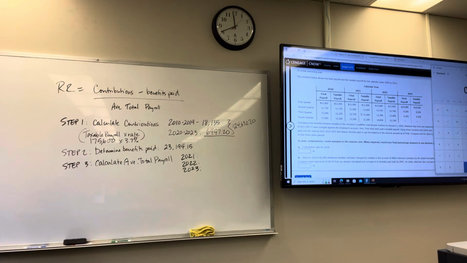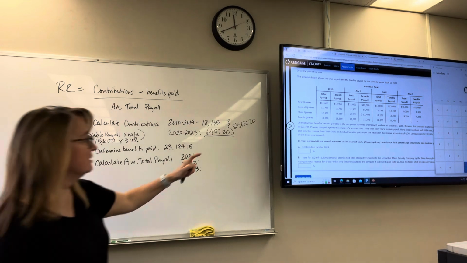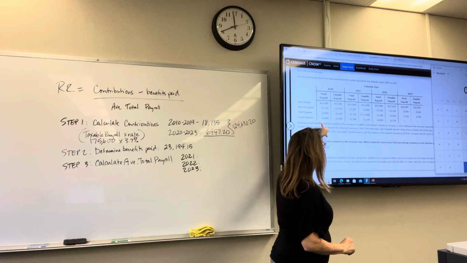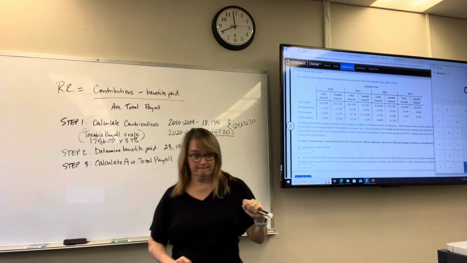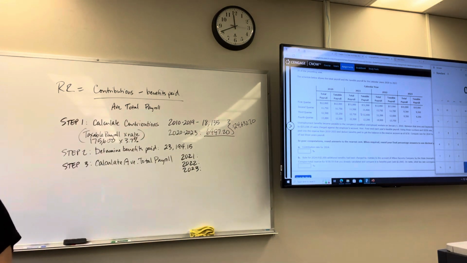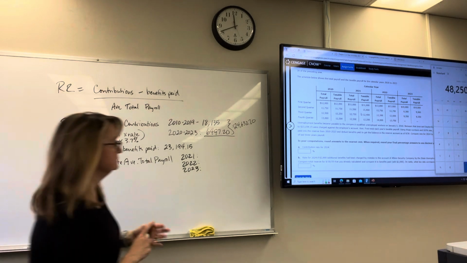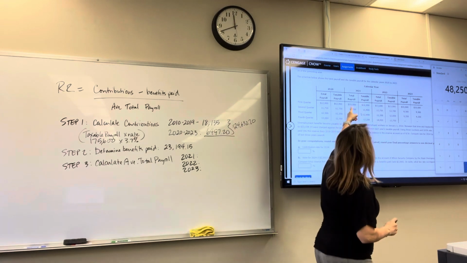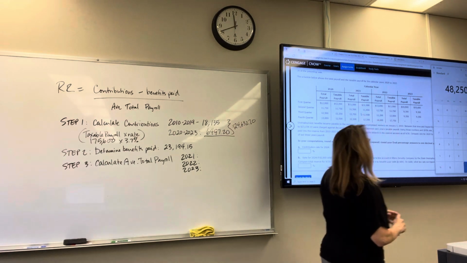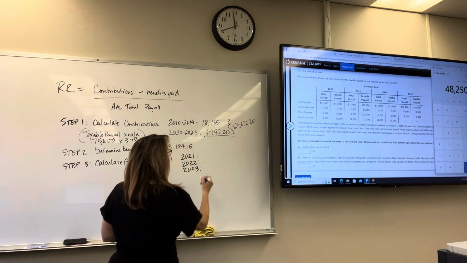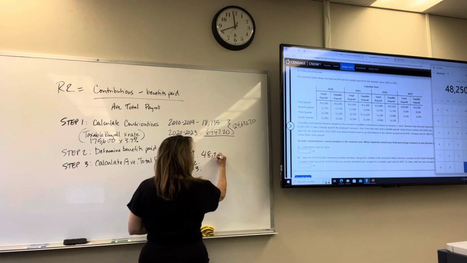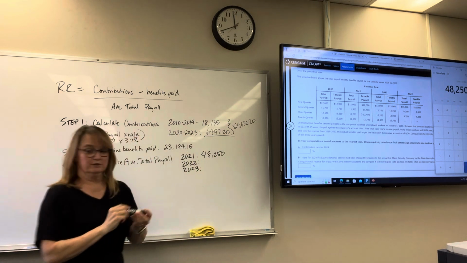So we're going to start, again, this time we're going to take our total payroll amount, not our taxable amount. 13,000. Does everybody see where I got those numbers? These are the numbers I used: 13,000, 11,000, 11,500, 12,750. So 48,250 for the first year.